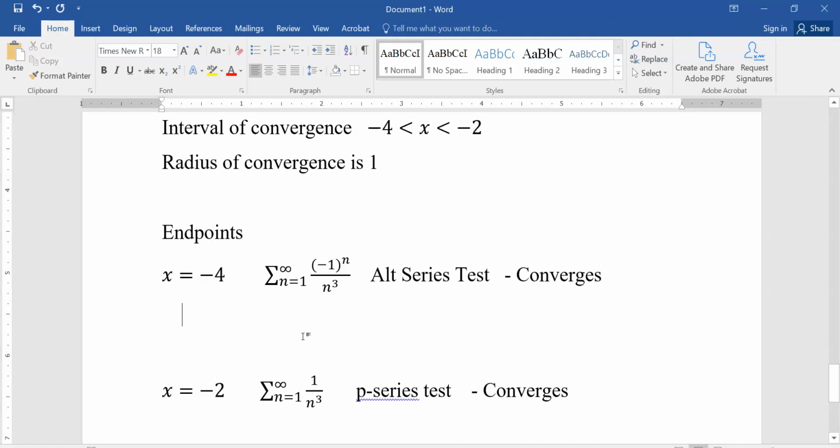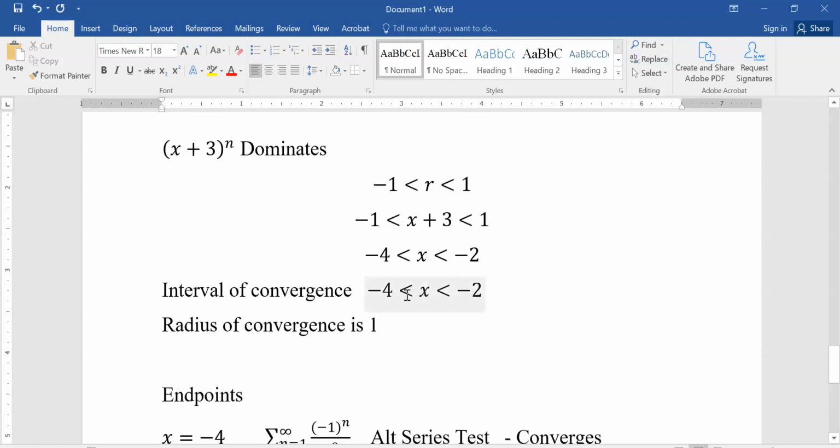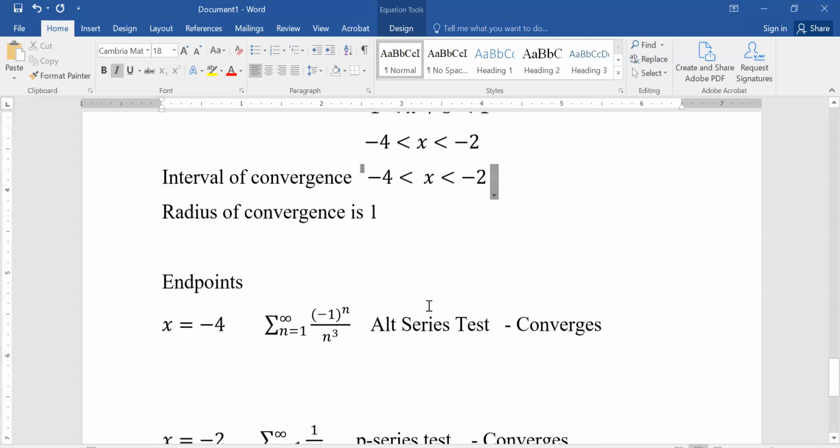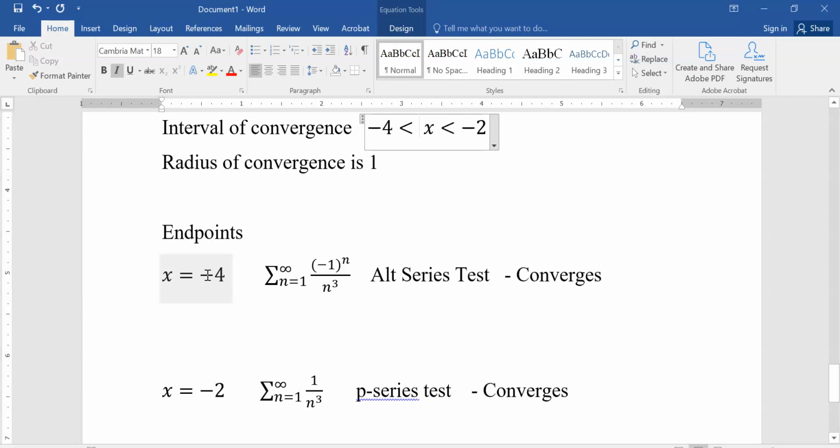All right. Some people would go up and change this from a less than to a less than or equal to. I'm not going to require you to do that. I just want you to understand that sometimes, when you plug in both of these endpoints, the series will converge.